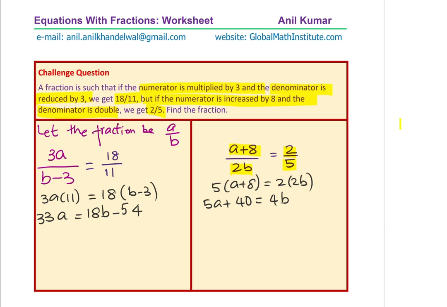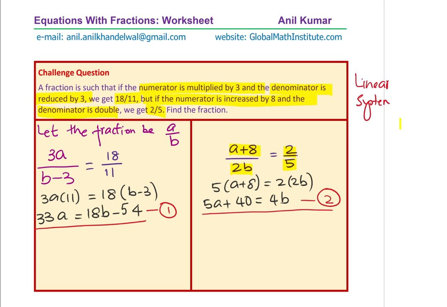So I will actually leave this statement right here for now, since the students who are doing this particular exercise have yet to learn linear system of equations. So in linear system of equations, we'll teach you two different methods.